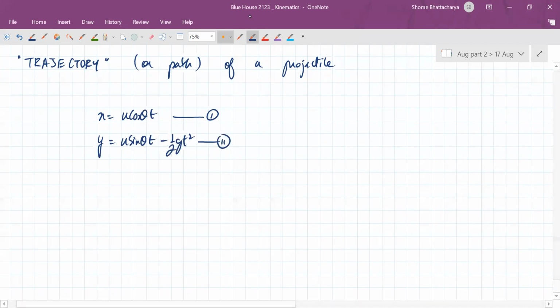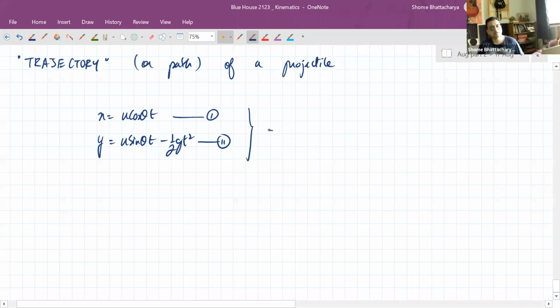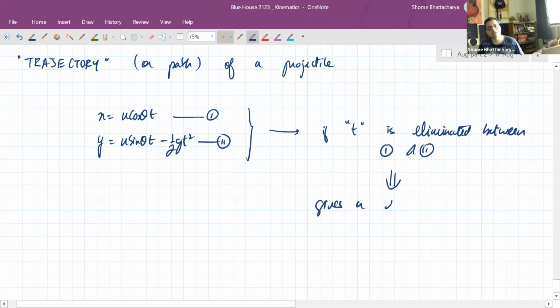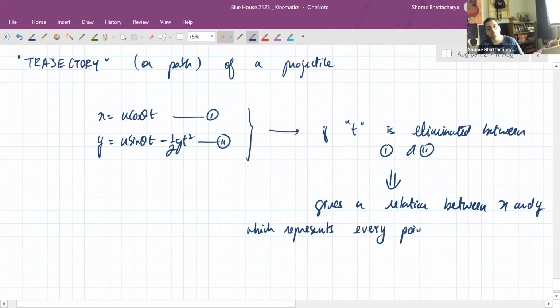Now in these two equations, what I'm saying next is that if the variable t is eliminated between equations 1 and 2, we'll get a relation between x and y, which represents every point x comma y in the actual path of the projectile.